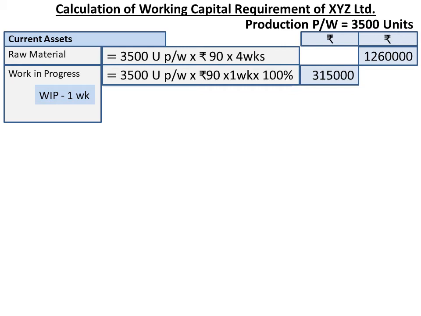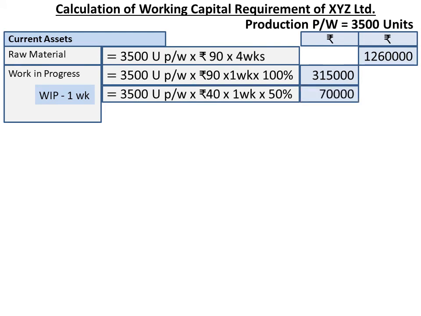Then add labor value. Now labor cost per unit is rupees 40 and work in progress holding period is 1 week. Therefore, labor value equals 3,500 units into rupees 40 into 1 week into 50%. This comes to rupees 70,000. And then overhead value. Here overhead cost is rupees 75 and WIP holding period is 1 week.